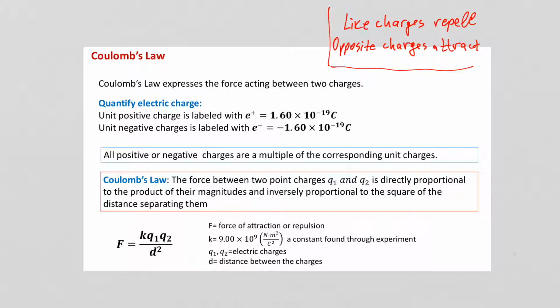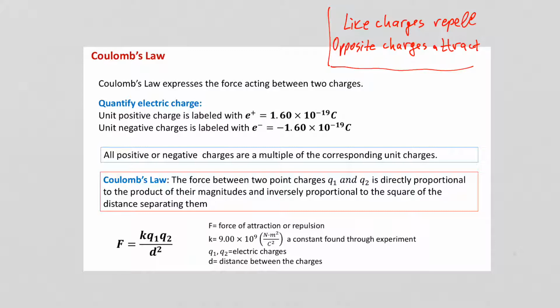He also was able to determine that objects that are charged with the same type of charge, either both positive or both negative, will repel each other, and objects that are charged with opposite charges will attract each other. And so the general rule states that like charges repel and opposite charges attract.